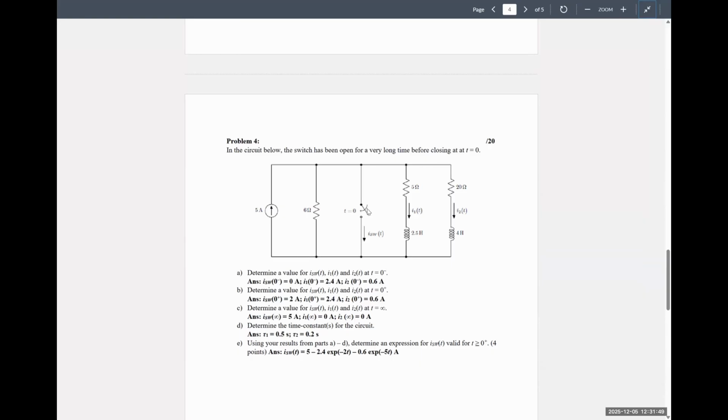During the transient condition, this switch is closed, which means this branch right here looks like a short circuit. Okay, so you have this RL branch in parallel with a short, and you have this RL branch over here on the right in parallel with a short.